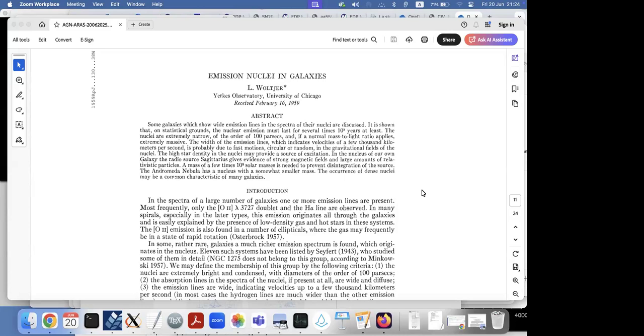That was also connected with magnetic fields. So it was that the nuclei are extremely narrow, of order 100 parsecs, and if a normal mass to light ratio applies, extremely massive. The width of the emission lines, which indicates velocities of a few thousand kilometers per second, is probably due to fast motion, circular or random, in the gravitational field of the nuclei. The high stellar density in the nucleus may provide a source of excitation.